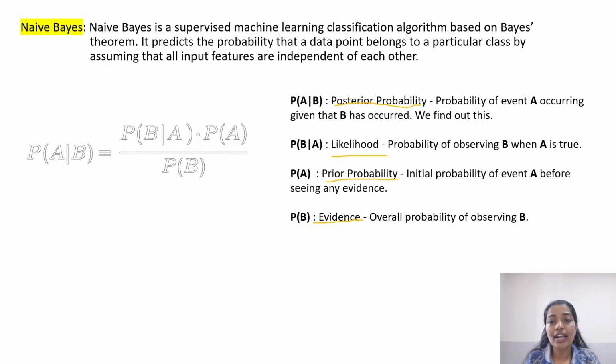So let us consider an example and understand how Bayes theorem actually works. Let us consider I have a data set. Let us say that this column is study, that is, whether you study or not. So this column will represent the study, and the second column will represent the result, whether you pass or fail.